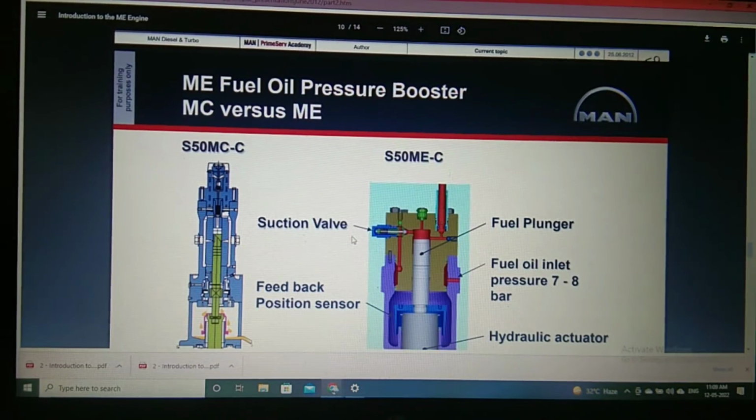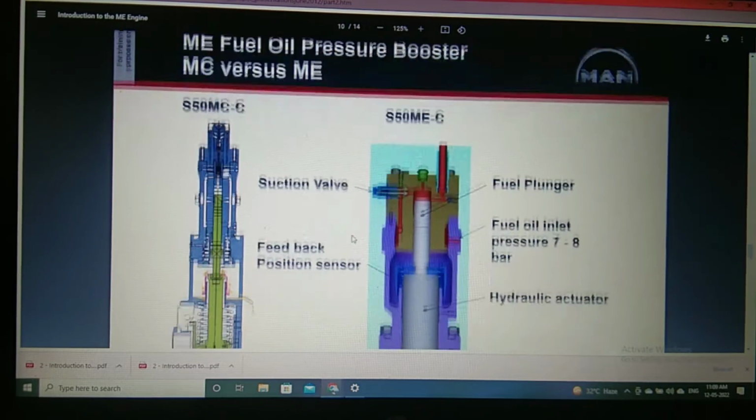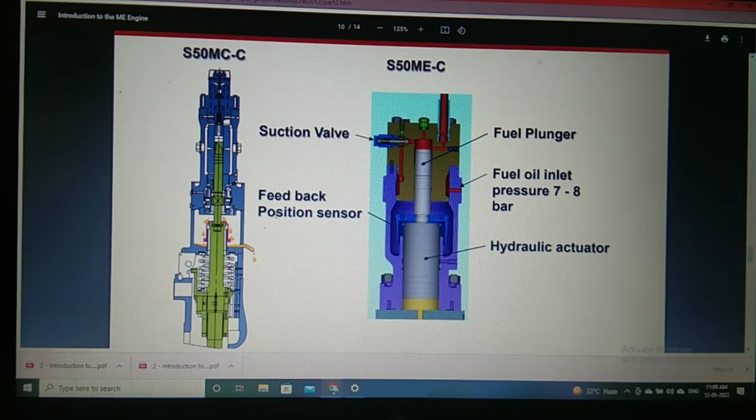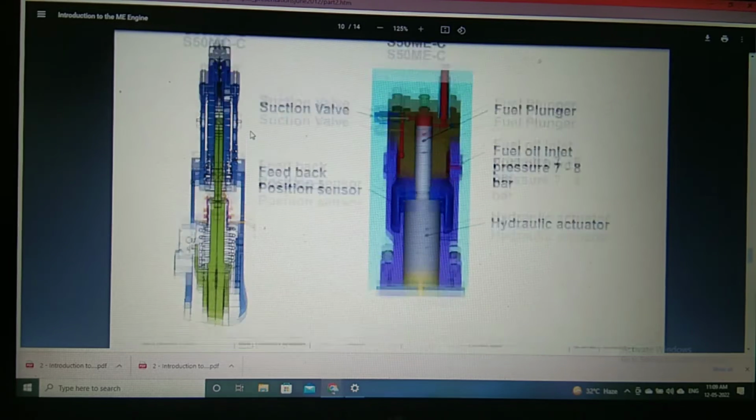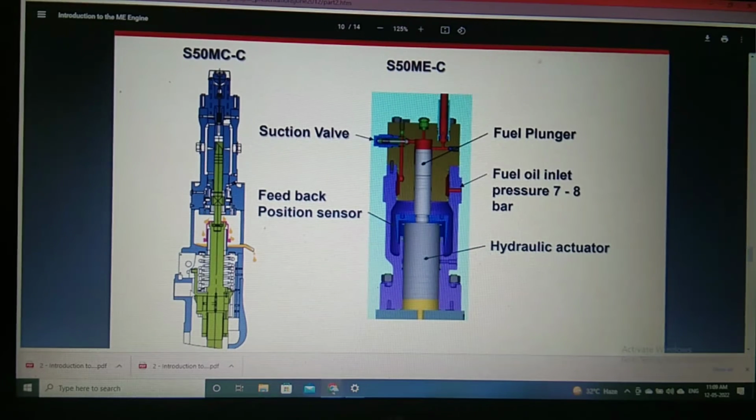Now ME fuel oil pressure booster. So what all the parts are there? In MC you can see this is the MC fuel pump, as you guys overall maybe know or may not, but it's very easy. And this is your ME, right? So as I told you, this is the hydraulic oil, this is the hydraulic actuator. In place of cam, the hydraulic oil is used to press up the 7 bar or 8 bar fuel.